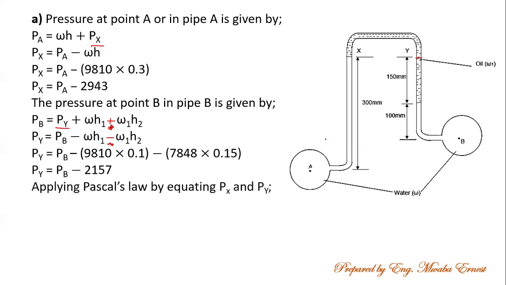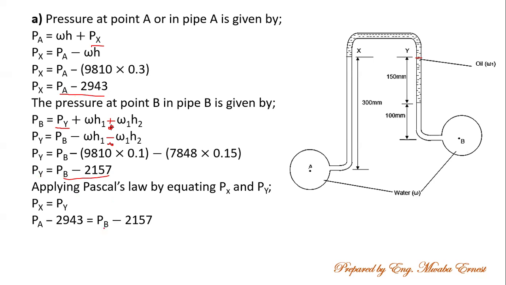As a result, you can now apply Pascal's law here. Pressure at X equals pressure at Y. So you equate this to that, because we've already said the left side is the same, and the right hand side should also be the same. So PA minus 2943 is equal to PB minus 2157.